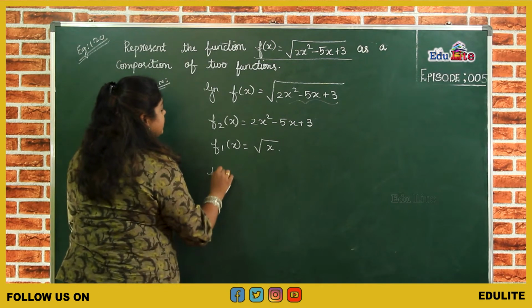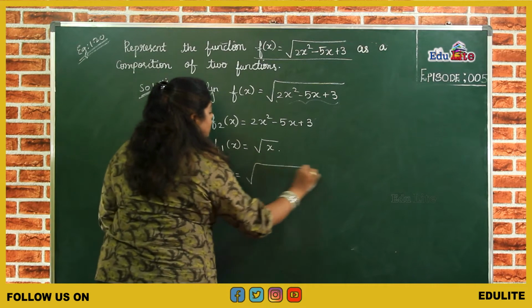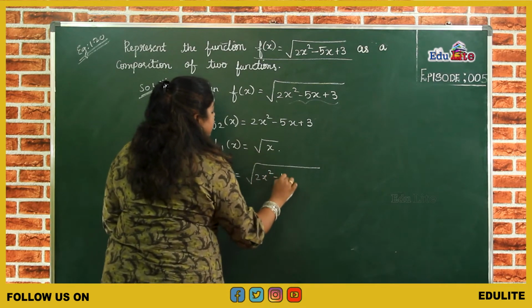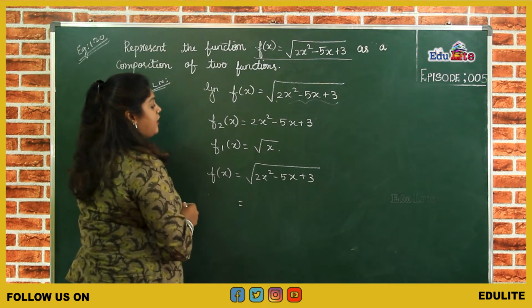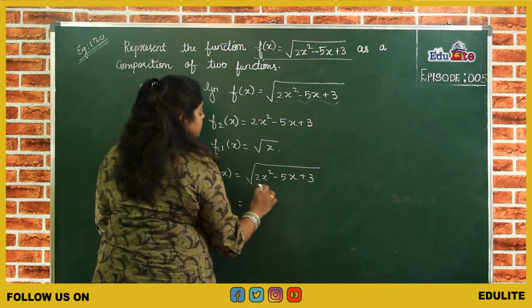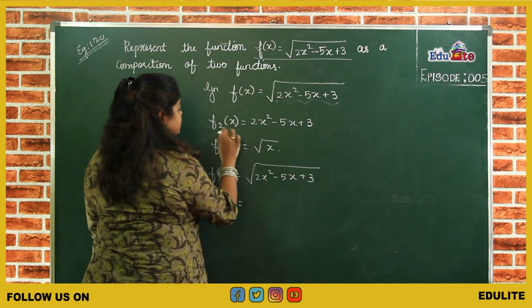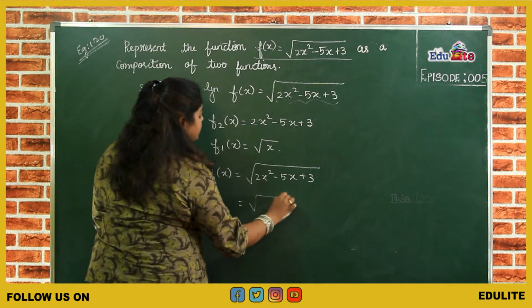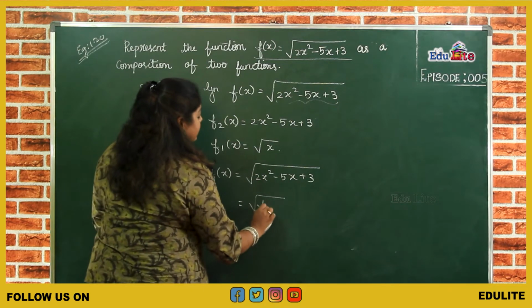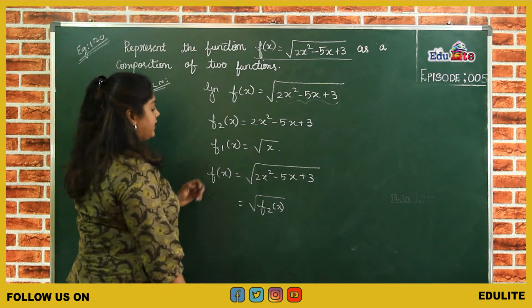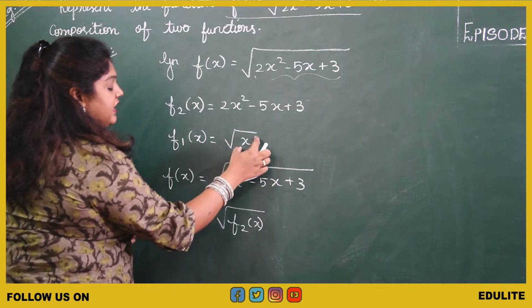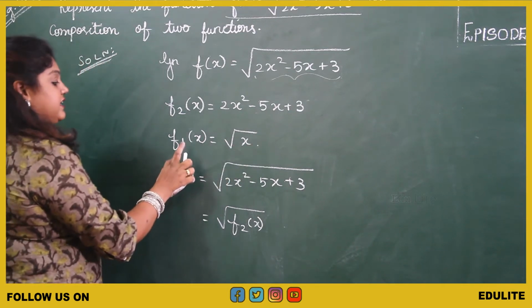So f of x is given as square root of 2x squared minus 5x plus 3. What we have considered in this problem is the term within the square root as f2 of x. Therefore, we will change it as square root of f2 of x. The other one is square root of any term x, which we consider as f1 of x.